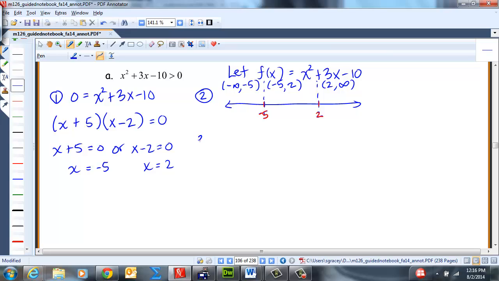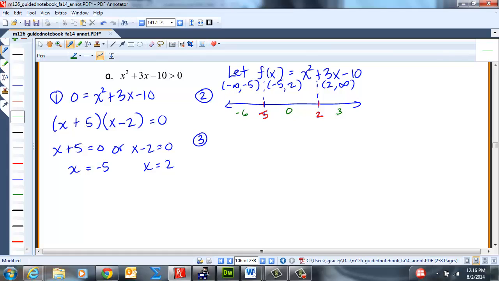So thirdly, you take your original function, which is up there, and you evaluate numbers that are in the domain, but not the zeros. So here let's just use negative 6 for this interval. 0 is usually easy to test, and then 3 is a number in this interval. You could have chosen negative 100 for that left interval.